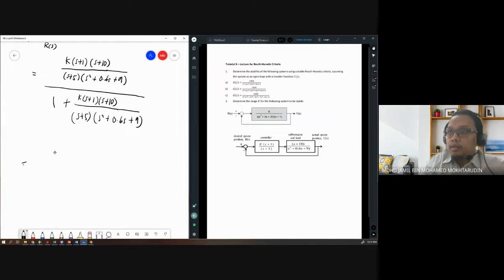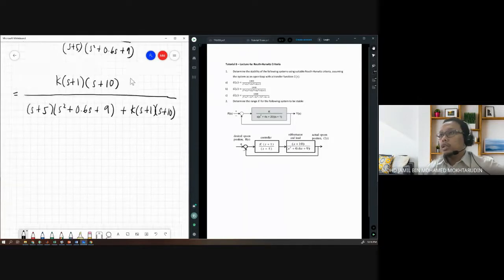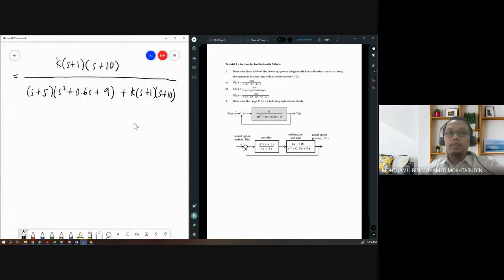So we take the denominator and then we generate the Hurwitz table.